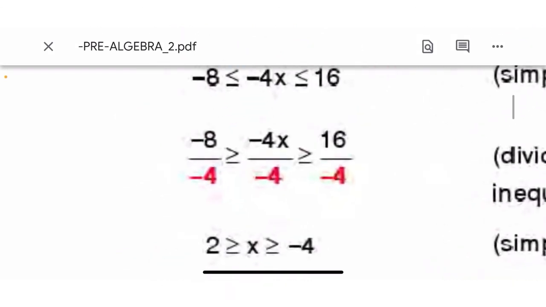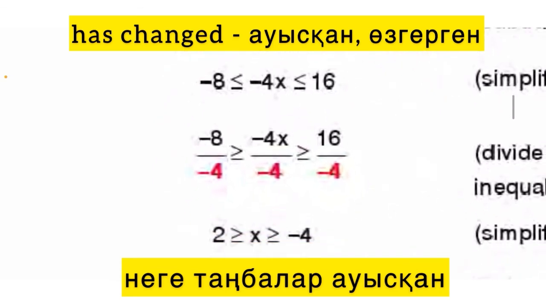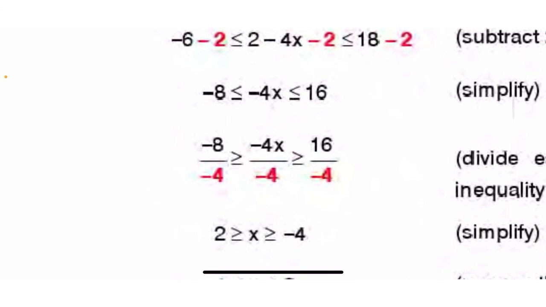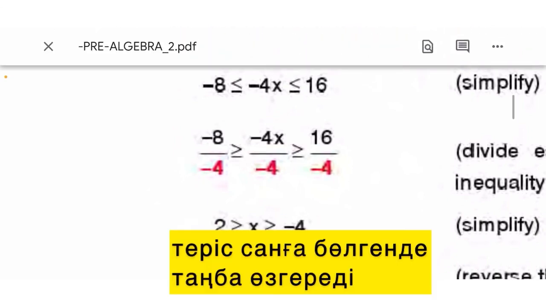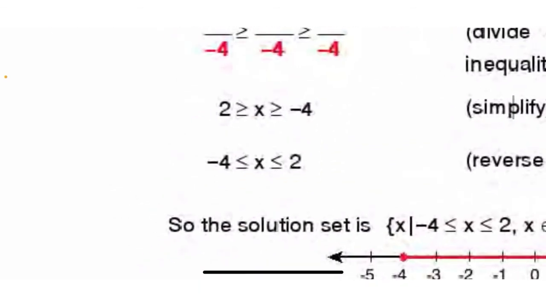We might be thinking why less than or equal has changed to greater than or equal. By the rule of inequality, when dividing by a negative number, our signs change. So it will be negative 4 is less than or equal to x is less than or equal to 2.